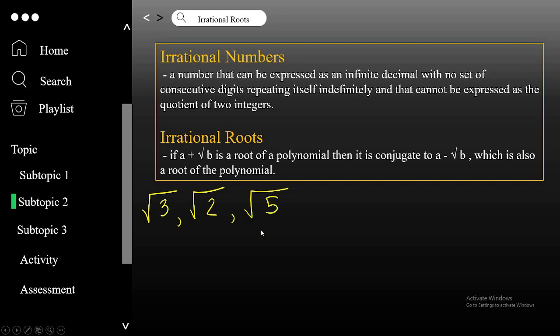So if you extract a square root and the answer in your calculator is a decimal number that is unending, and there's no pattern in it, then it is irrational. Again, irrational numbers are simply infinite decimals and no digits are repeating there.